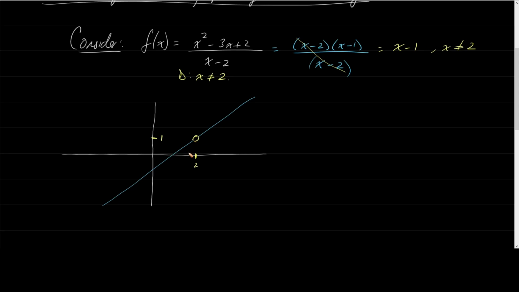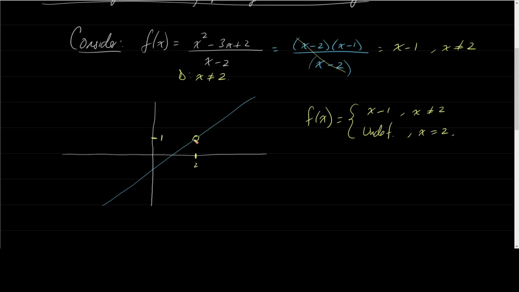But the idea here is that even though we don't know what happens exactly at 2, in the sense that it's undefined, I can rewrite this function as a piecewise function: x minus 1 wherever x is not equal to 2 and undefined wherever x is equal to 2. That's what that function is.